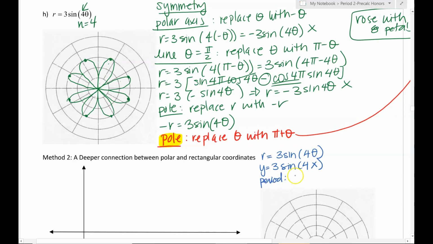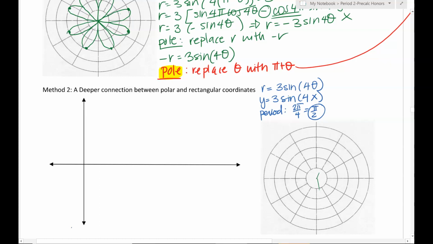The period is 2 pi divided by b, which is 2 pi divided by 4, which reduces down to pi over 2. So that means I'm going to be able to graph the entire full cycle from 0 to pi over 2. But because we are connecting it with the polar, we will go all the way to 2 pi. That means I will be able to graph 4 full periods, okay?